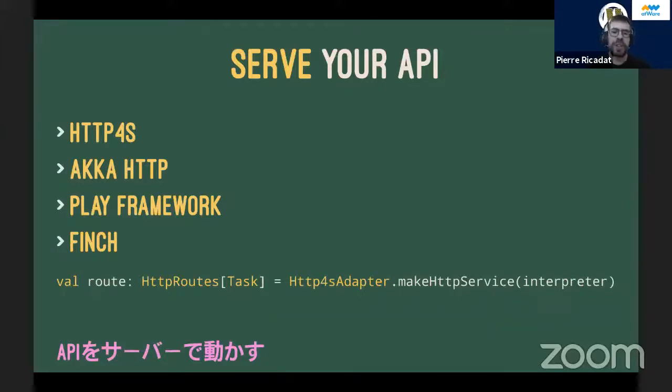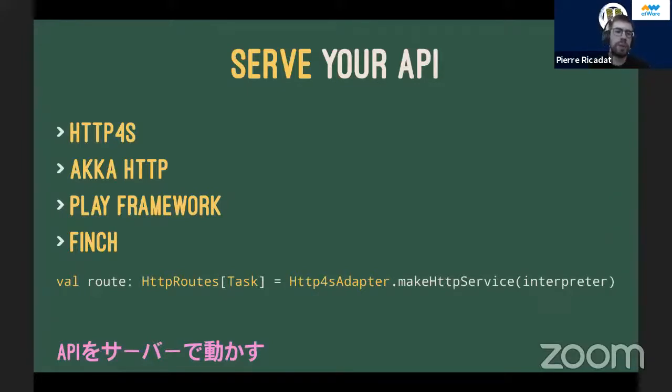But those are just making it easy to expose your API using one of these libraries. So below, I put an example of how it is with http4s. So you just call the function makeHttpService. You pass it the interpreter, and you get an HTTP route that you can expose on the port that you want. It's an http4s object, so you can do whatever you want with it.